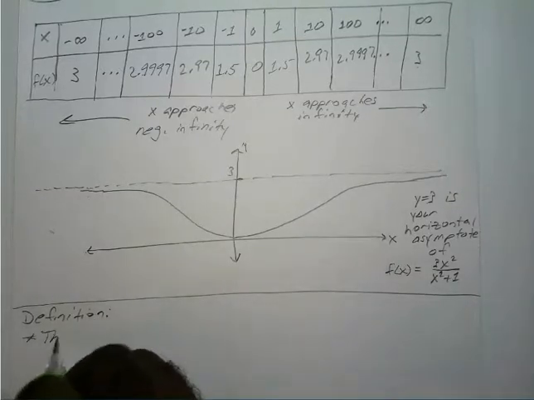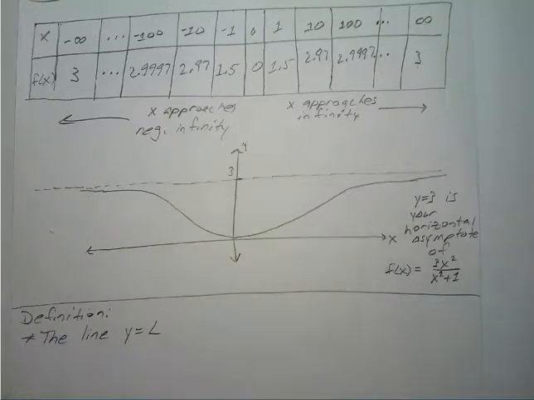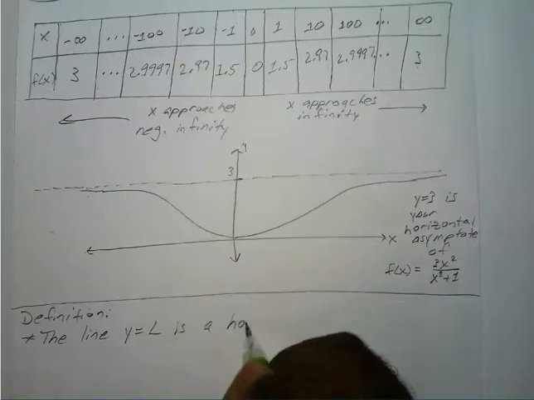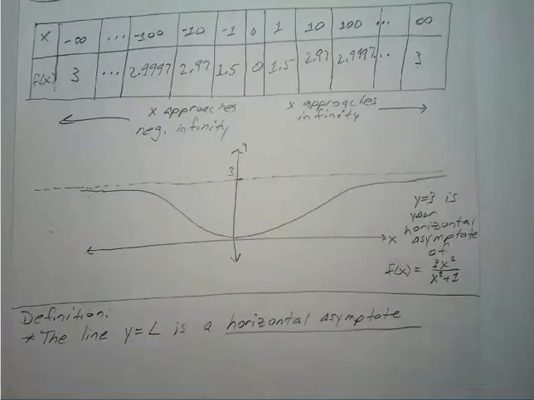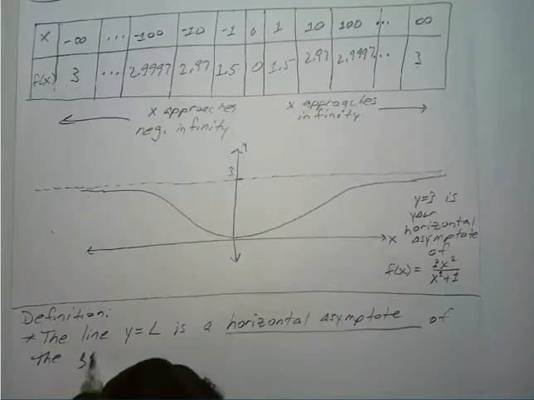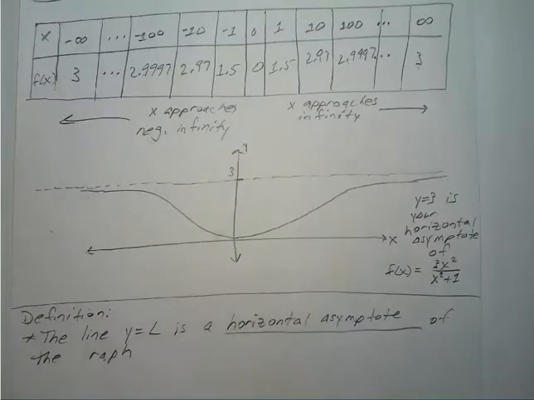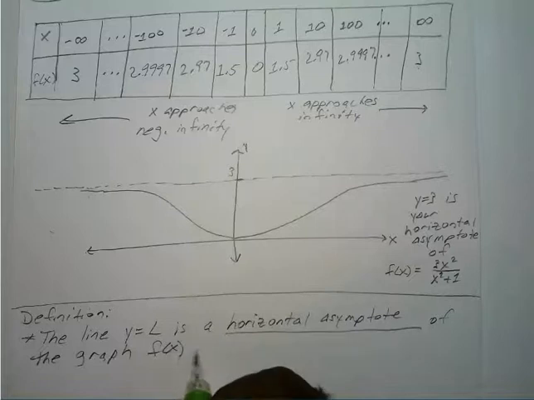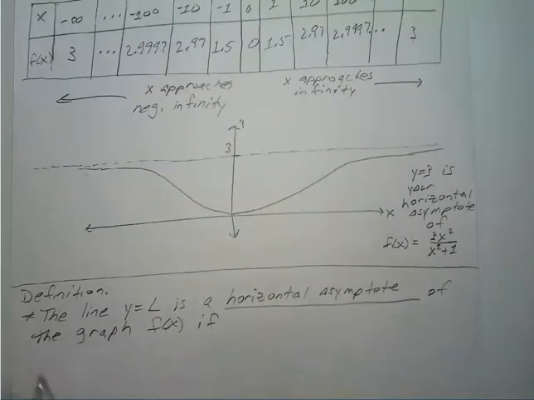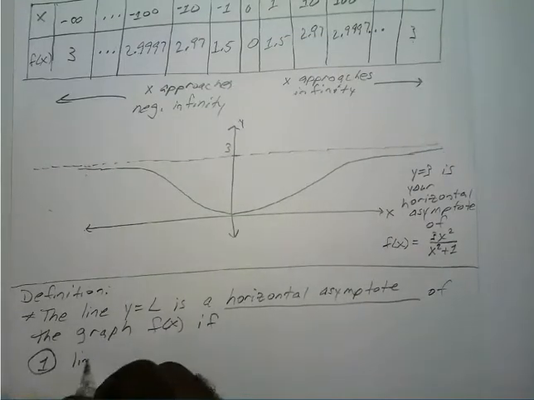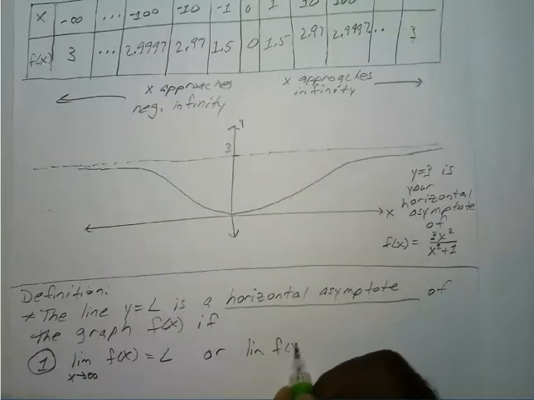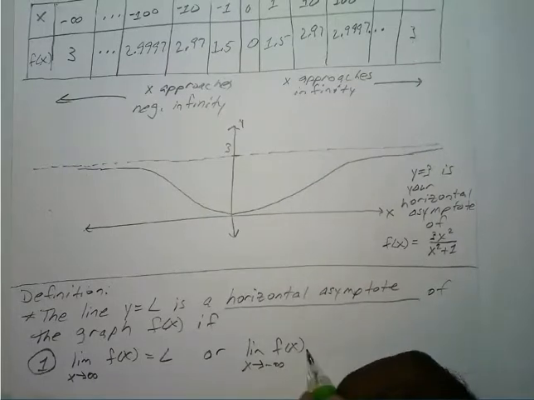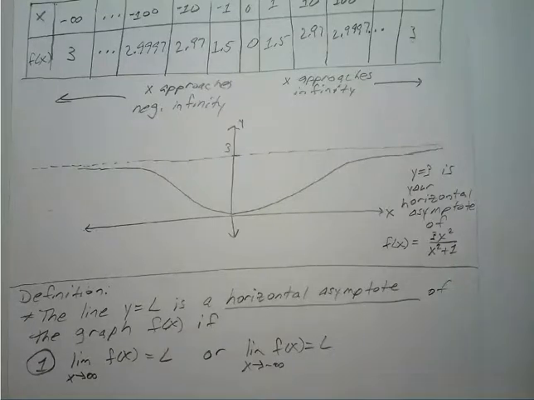The line y equals some limit L is a horizontal asymptote of the graph of f of x if the limit of that function as x approaches infinity equals L, or the limit of that function as x approaches negative infinity equals that limit L. In this case, your L is equal to 3.